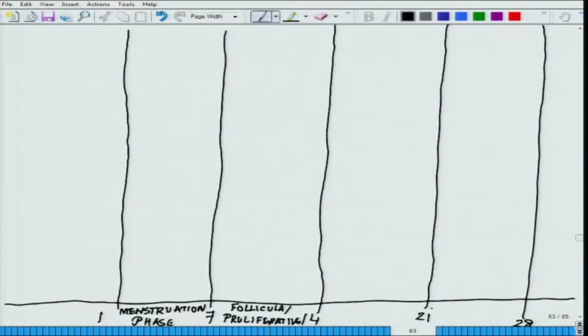Then on day 21 this is called luteal phase. Okay. Luteal secretory phase, these are the different phases.